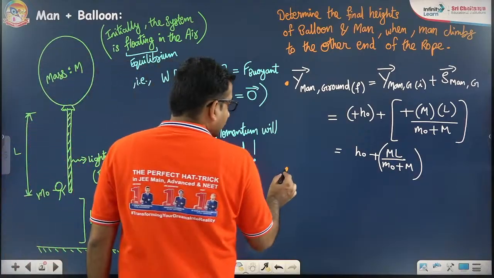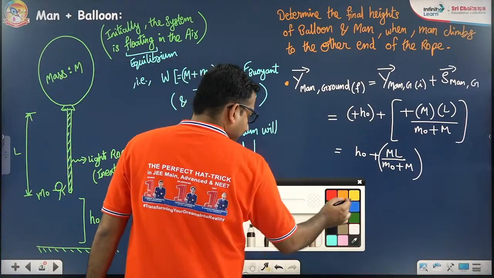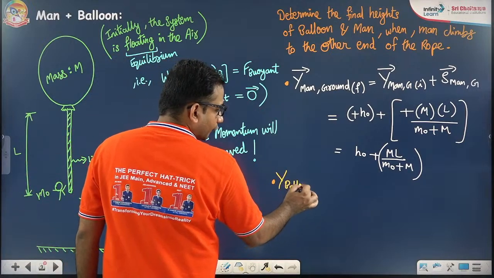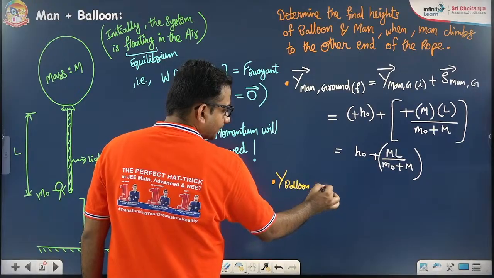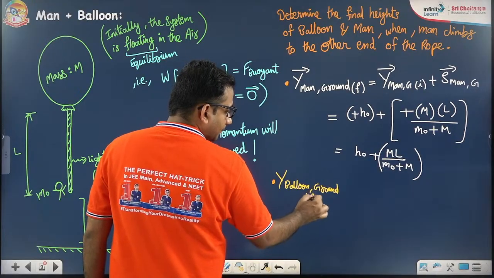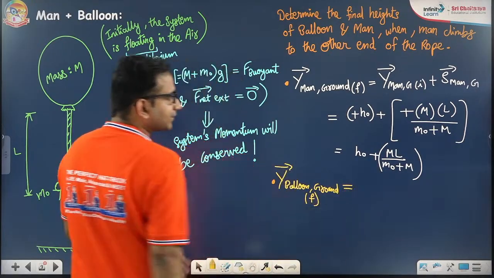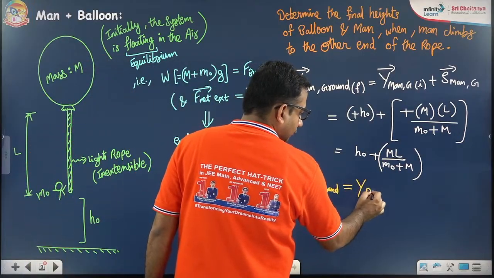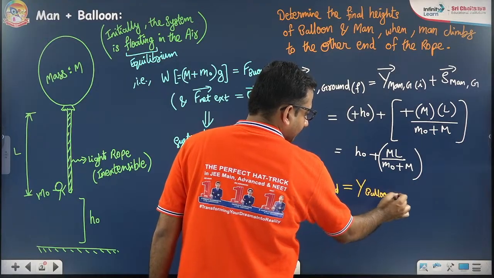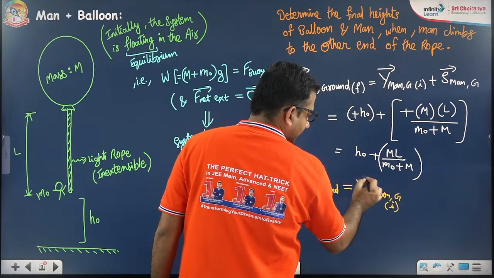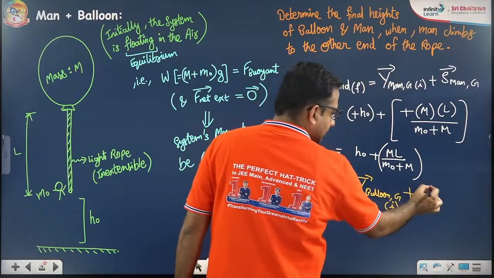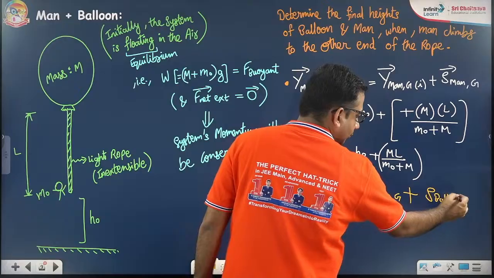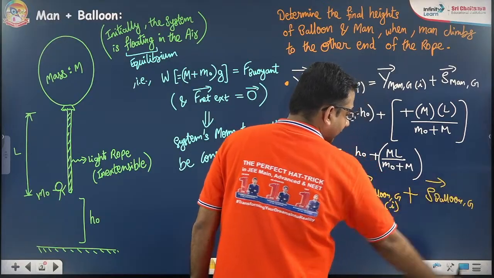But what about the other one? What about the displacement of the balloon with respect to ground? Finally, it is nothing but the height. So that will be the initial height of the balloon with respect to ground plus the displacement of the balloon with respect to ground in the y direction, right?